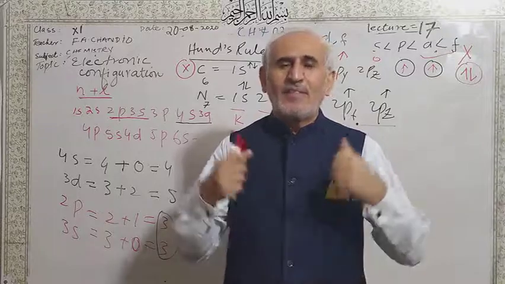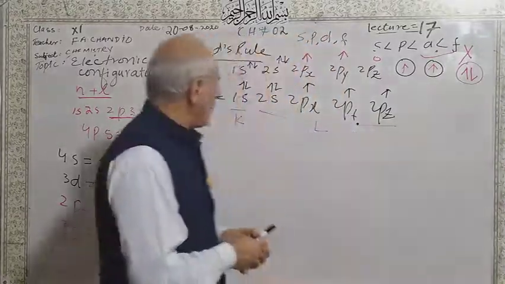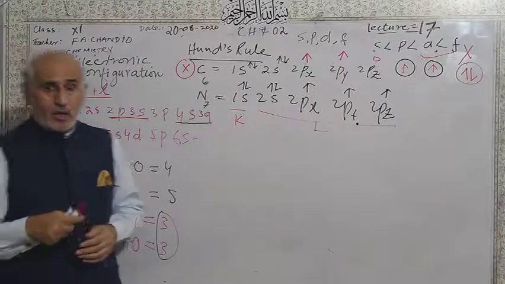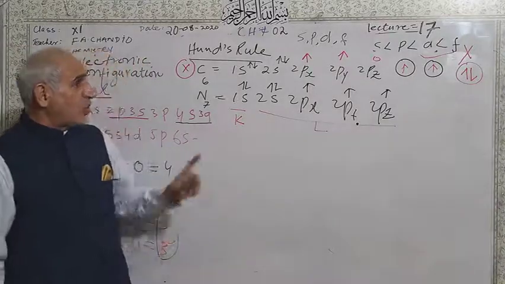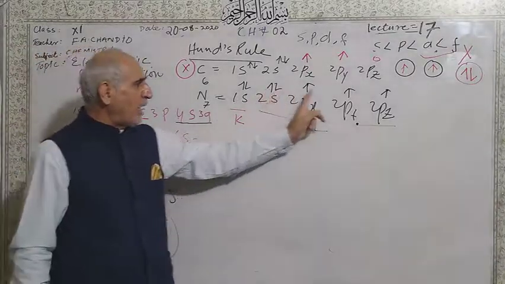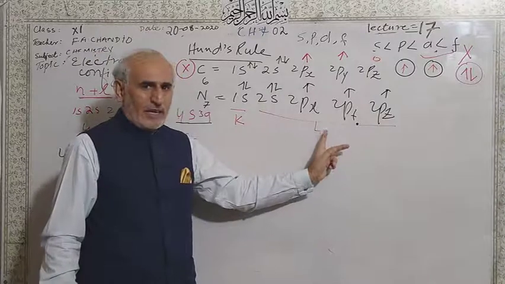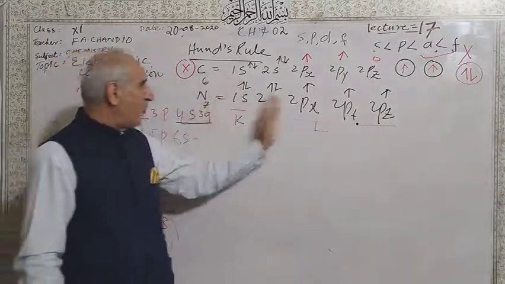So dear students, the total electrons in the valence shell of nitrogen is 5.